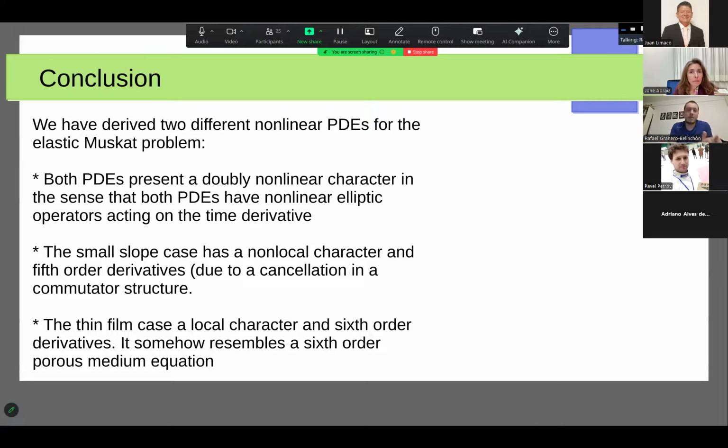For instance, in the Benjamin-Bona-Mahony equation, there is an elliptic operator hitting the time derivative, but the elliptic operator is linear. I'm not claiming they are the only PDEs having this nonlinear elliptic operator. I'm aware of other cases where a nonlinear elliptic operator hits the time derivative, but in my opinion they are not that common. So I think it's interesting to emphasize this point.